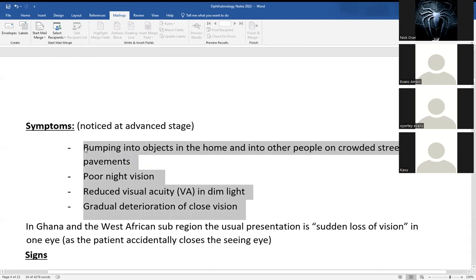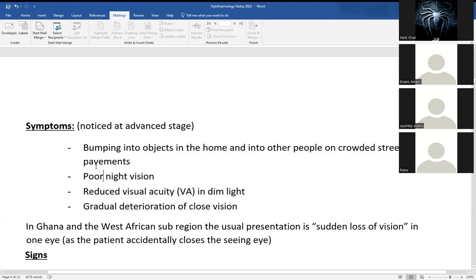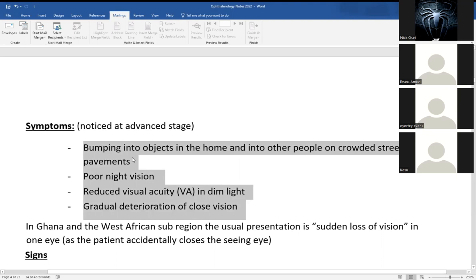Because of the visual field loss, the person can be bumping into things. They can't see certain aspects of their sides, so they are walking the streets and bumping into people all along the way. So you should know some of these petty things to be able to make a diagnosis of glaucoma. As for the most common eye condition, I won't even talk about it if you don't know that one.